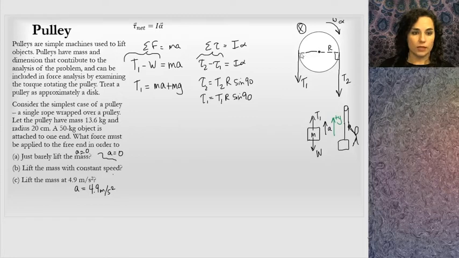It's being applied tangentially at a radius R. So when I plug this in, I get T2R minus T1R, and that has to equal I alpha. Okay, so we're getting closer here. I could take T1 and plug it in here, but I still wouldn't be able to solve for T2 because I don't know alpha. Alpha would be an unknown value.